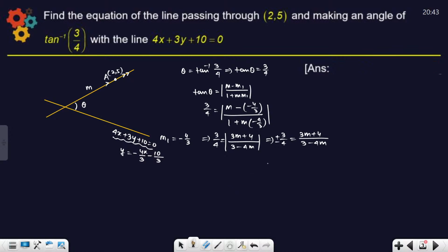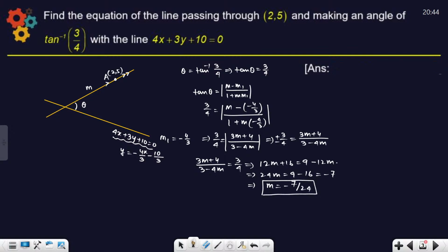Let me solve for m, taking first the positive one, then the negative one. If I take the plus sign, cross multiply, we have 24m is 9 minus 16, which gives us minus 7. So m is minus 7 over 24.